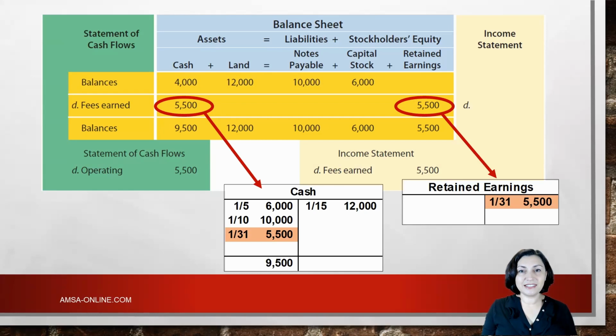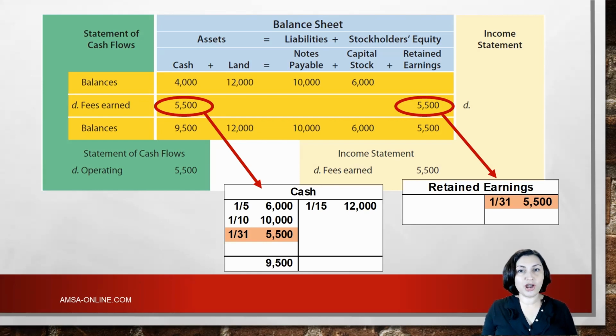Cash, an asset account, increased by 5,500. Increases in asset accounts are shown as debits. So the amount involved is placed on the debit or left side of cash ledger account. The revenue account, called fees earned, increased.